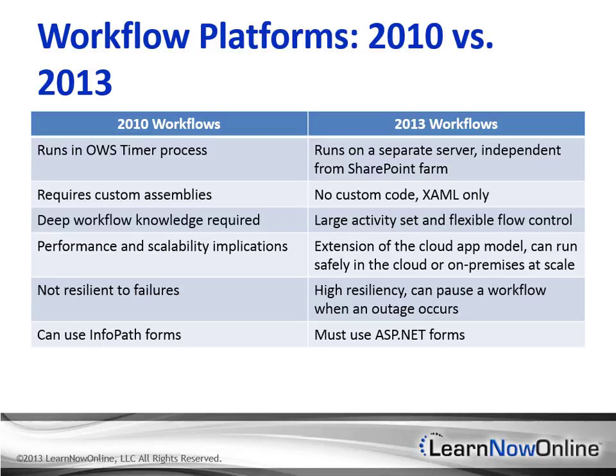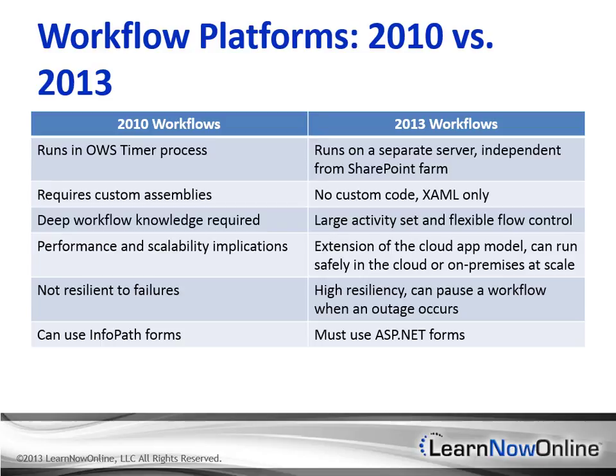Also, there are performance and scalability implications on the 2010 side, because you're running in the timer service, which could potentially bog down the server. If something crashed the SP timer process or the OWS timer process, then you crash the processes for everything, and all the timer jobs running on that machine, or possibly even the whole farm.